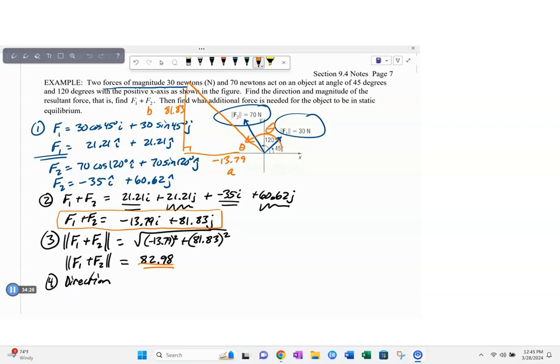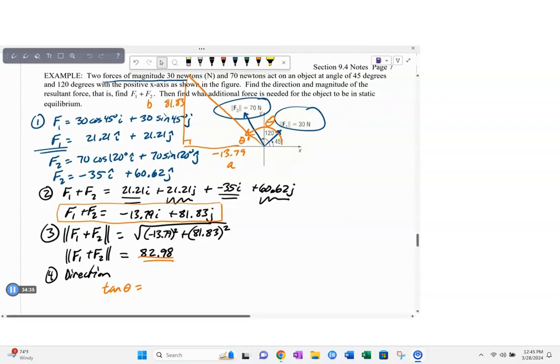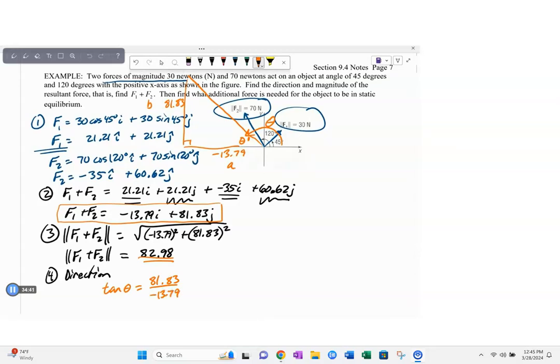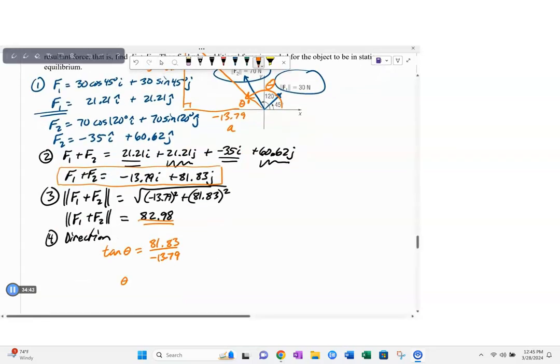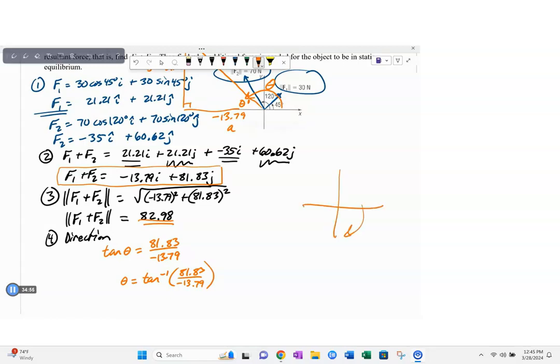I have the tangent of theta is opposite over adjacent. And so theta will end up being the arctangent of this. Now the problem with this is when I'm taking the arctangent, remember we're always looking between negative pi halves and pi halves.